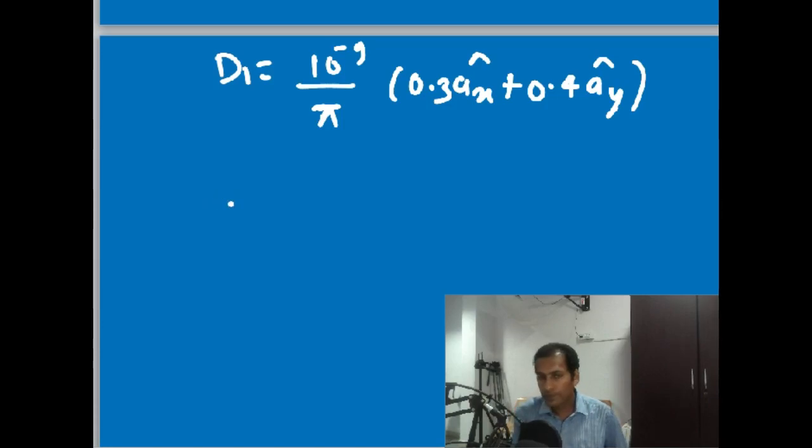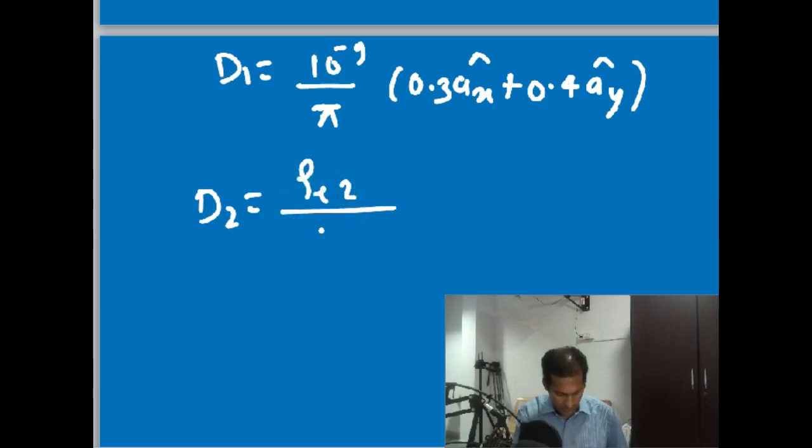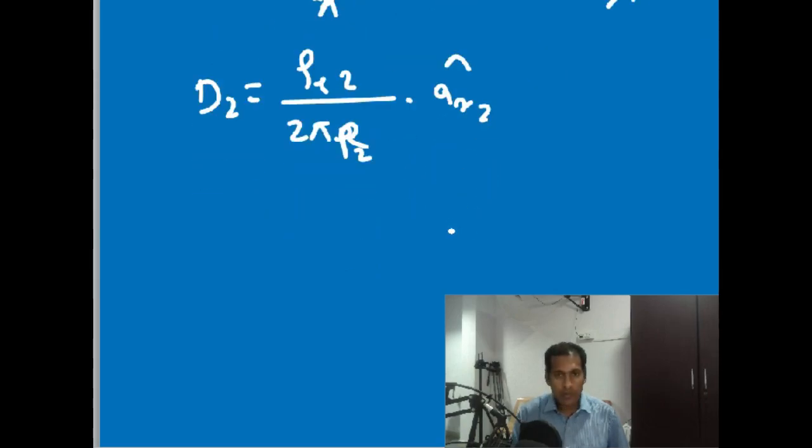So this is D1. Now same way we can calculate D2. So what will be D2 equal to? D2 will be equal to rho L2 by 2 pi r2 into ar2 cap.